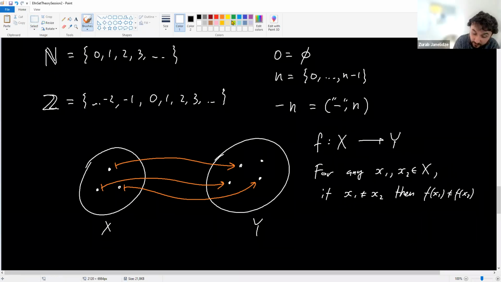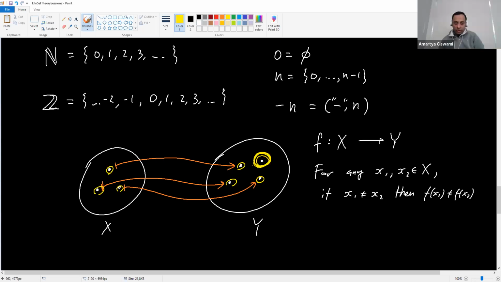So this allows you to say that two things cannot map to the same object. They always must map to separate objects. And if you can do that, it means that whatever you have here, you've got counterparts there. And if you have something left over, then surely the other set was more than the previous one. More elements, right.